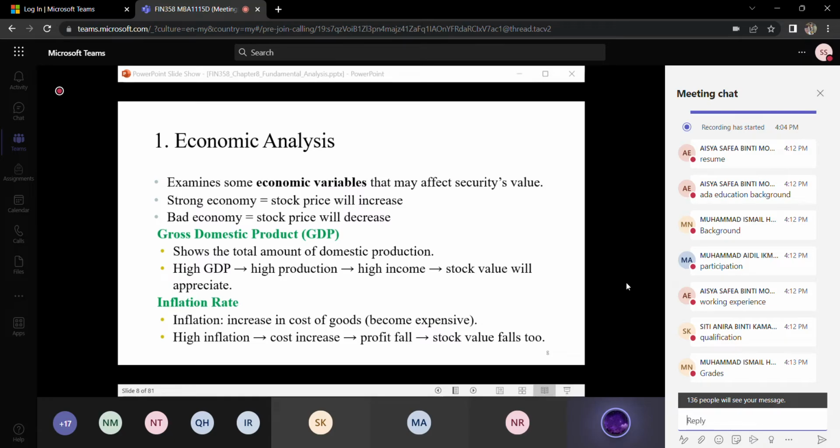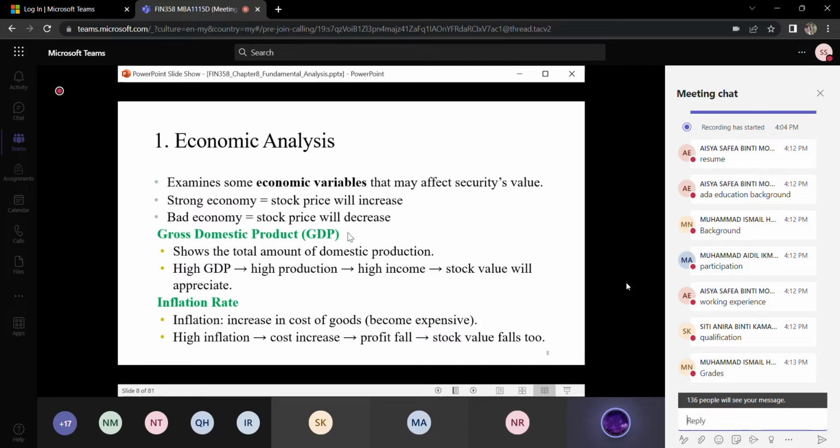So yang paling obvious yang kita guna untuk check whether a country is good or not, kita akan tengok ni. Gross Domestic Products, GDP. GDP adalah salah satu indicators yang paling penting untuk tengok sesebuah negara adalah bagus atau tidak.